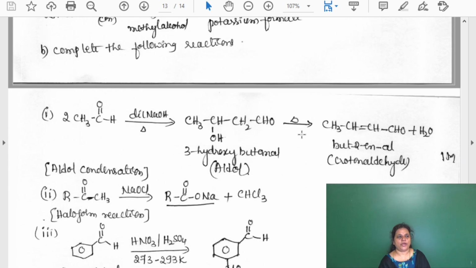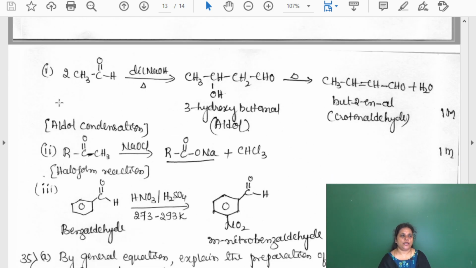Now complete the following reactions. Here 2 molecules of acetaldehyde are given, heated with dilute NaOH. If you look at the dilute NaOH, it is confirmed that it is undergoing aldol condensation, because acetaldehyde contains alpha hydrogen. When this undergoes aldol condensation, you will get 3-hydroxybutanal, that is aldol, which on heating loses a molecule of water, OH from here and H from here, and it gives but-2-en-1-al, 1, 2, 3, 4, and it is called crotonaldehyde.